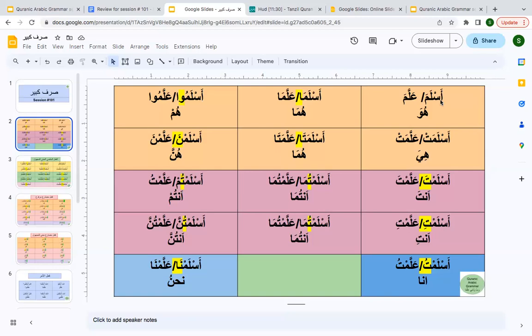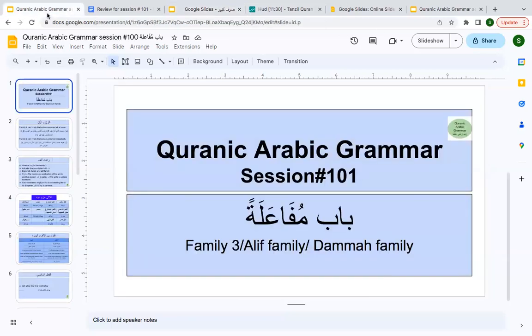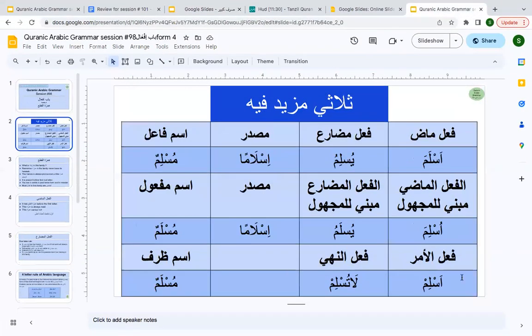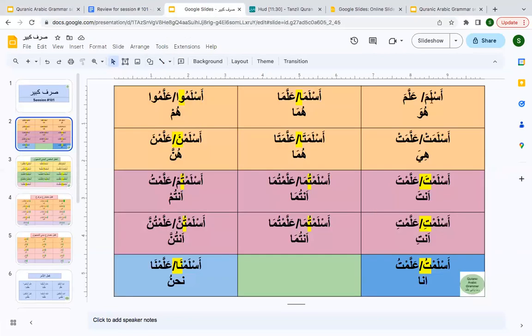So that was the first slide that I showed you, this one is sarf sagir, and now I'm showing you sarf kabir. I'm going to take one by one each word from those family members. I'm picking Aslama. I'm going to now spread it out. I'm going to ask him to multiply. Aslama multiplied and developed all these words that are right in front of you on this slide.